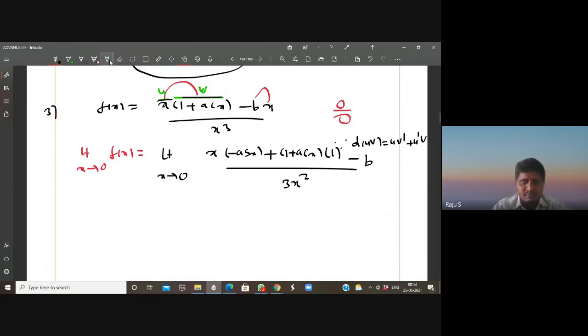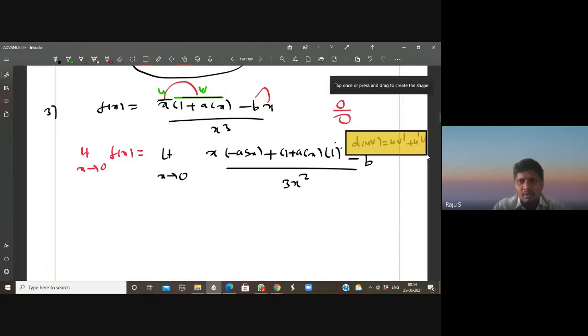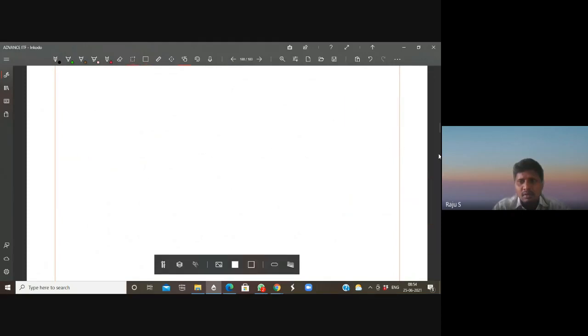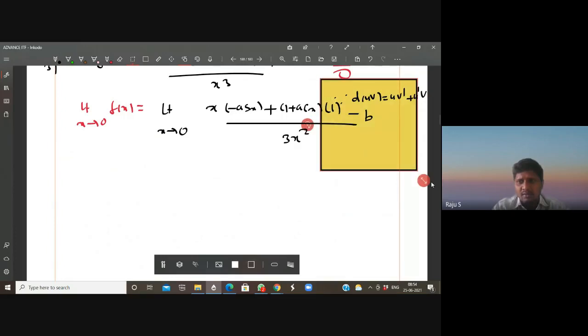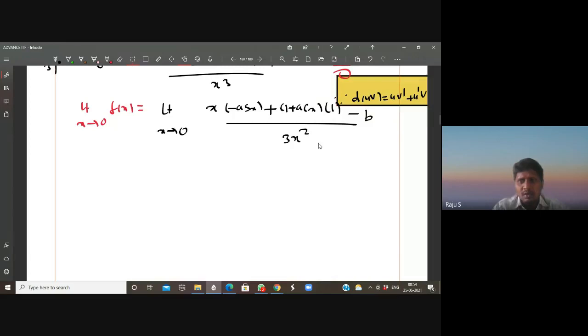Now students, when I substitute again 0, what is the result? Anyone can say? If I want to substitute here in place of x 0, what about the numerator, what is the denominator?